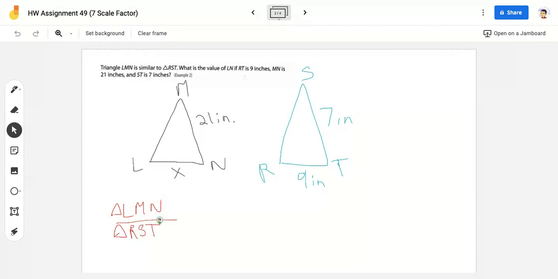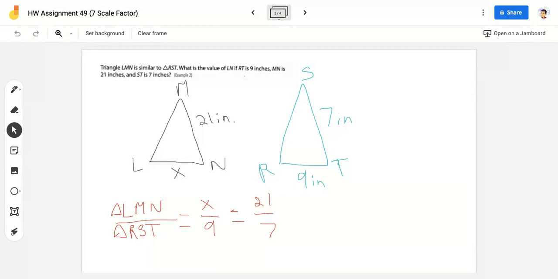Then we put the sides that correspond to each other in the same ratio. Let's go with that bottom LN: x over what corresponds with x in RST, which looks like 9, is equal to 21 over 7.